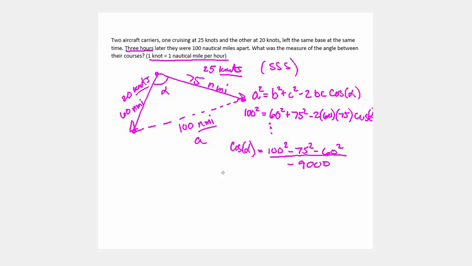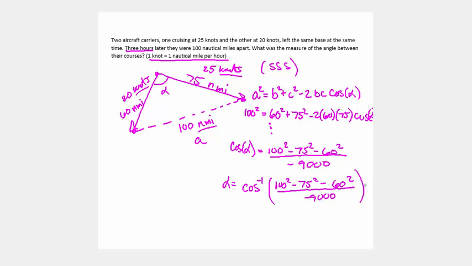We can then solve for alpha by taking a cosine inverse of both sides. So alpha will become equal to cosine inverse of basically this huge fraction, so I'll rewrite it as 100 squared minus 75 squared minus 60 squared all over negative 9,000.